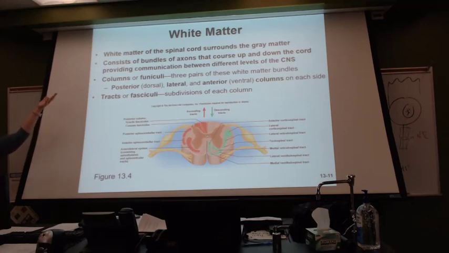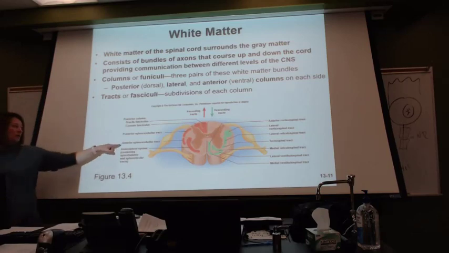Columns, because that's what they look like, columns going up and down. And like I mentioned, there are 3 areas for these columns to exist: columns on the posterior side, columns on the anterior, and columns on the lateral. And then each of those columns will have their tract.